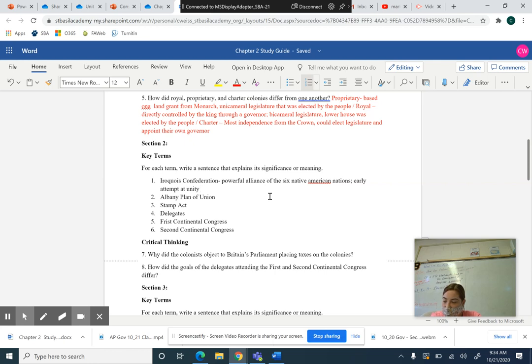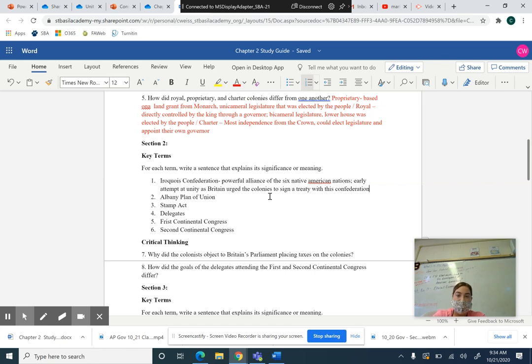Okay, make sure you jot that down. This is important because it's an early attempt at unity as Britain urged the colonies to sign a treaty with this confederation. So this was the first form of unity.